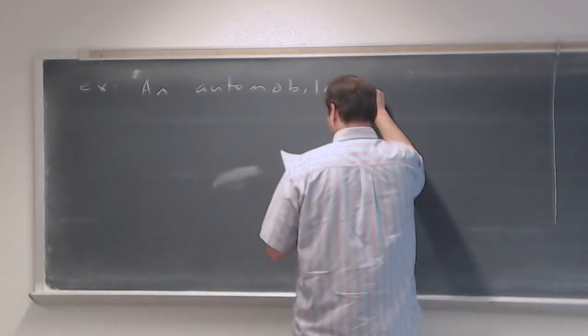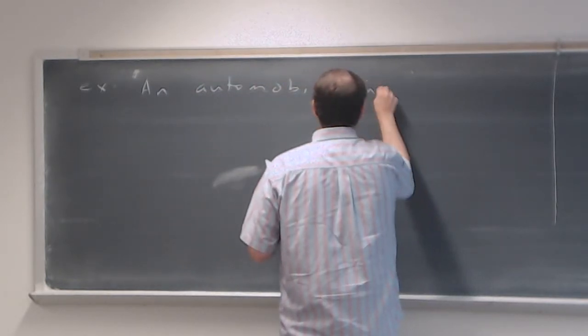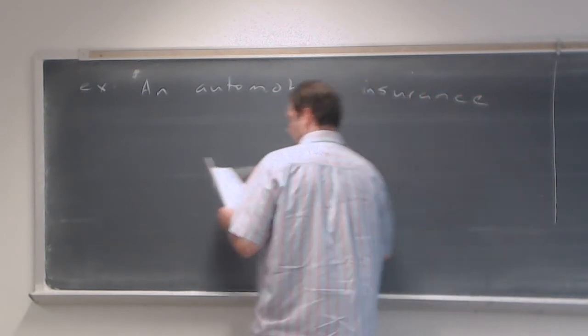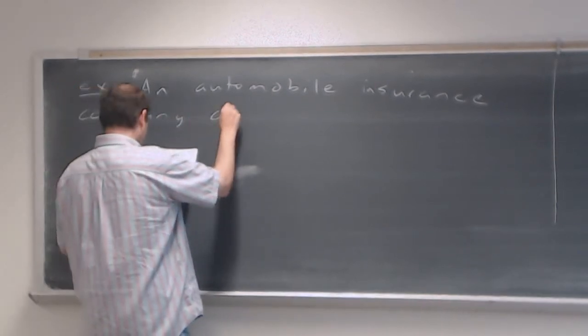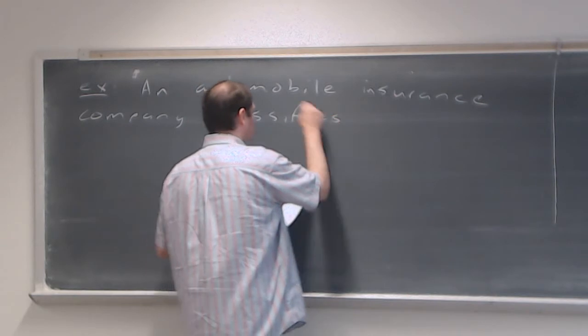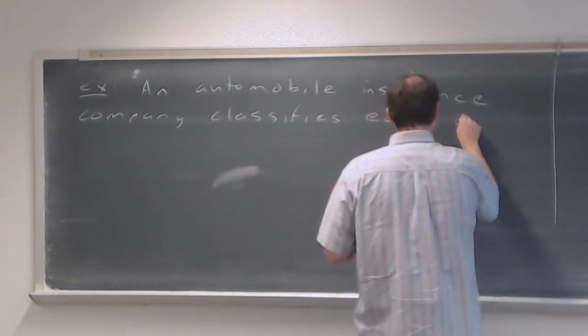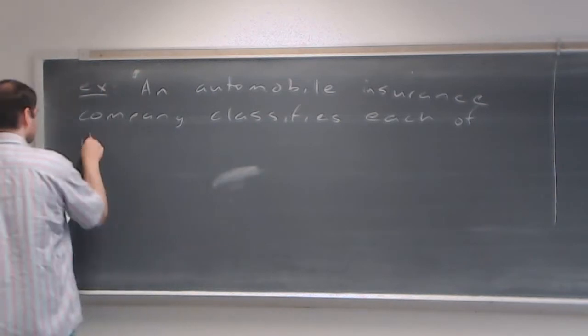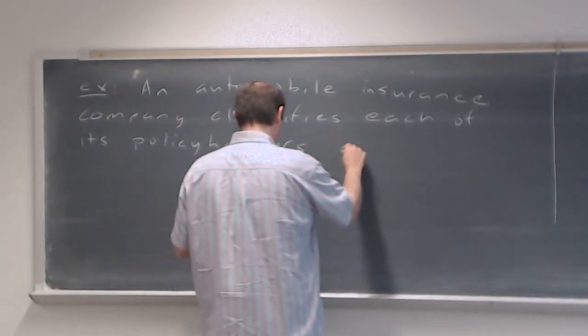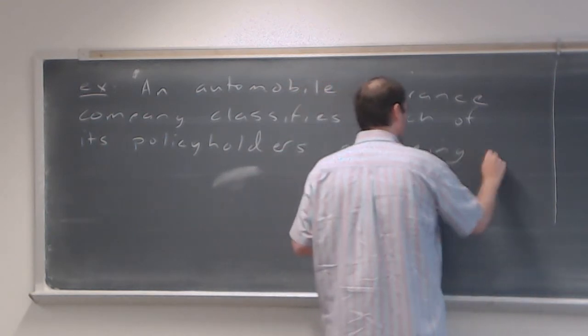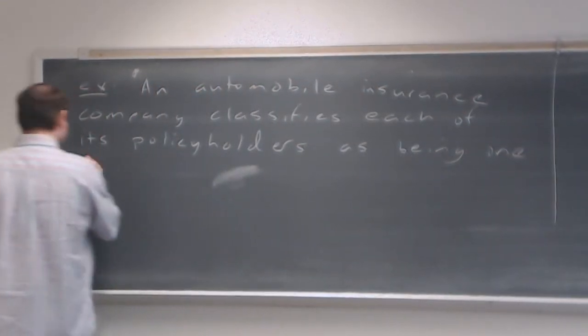It says an automobile insurance company classifies each of its policyholders as being one of these types.